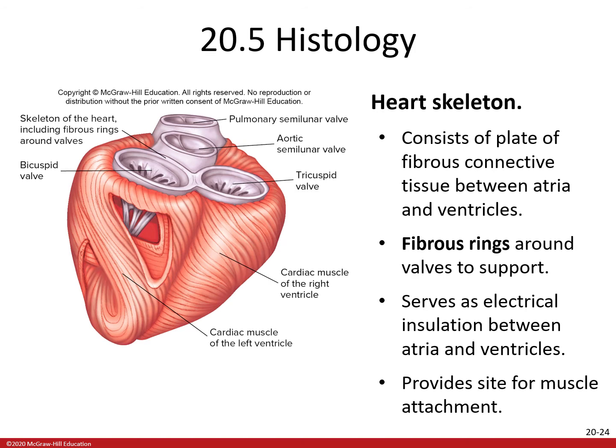So the heart skeleton is going to consist of a plate of fibrous connective tissue between our chambers, so between the atria and the ventricles. It is going to have fibrous rings around the valves in order to help support those valves and, of course, keep them in place. And it is going to serve as electrical insulation between the atria and the ventricles.